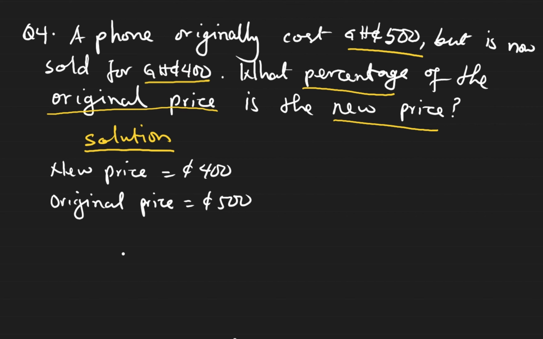So, what percentage of the original price is the new price? Simply, you just write 400 over 500 times 100%. Then you do your cancellation.